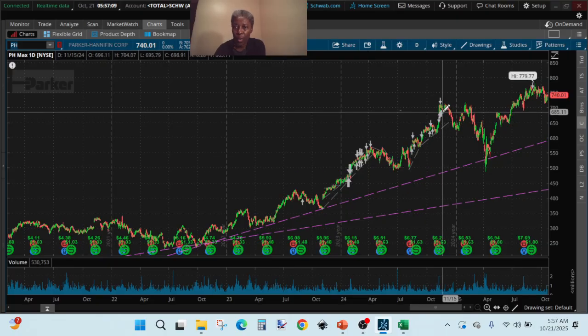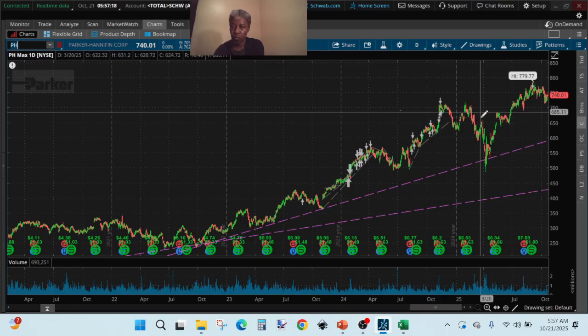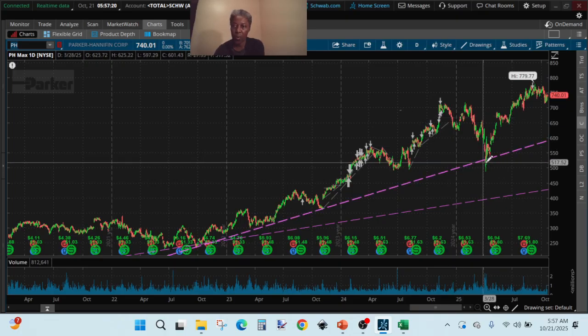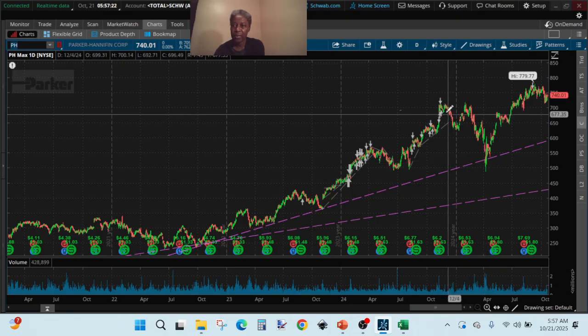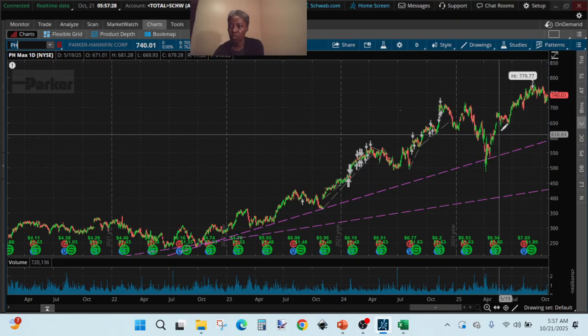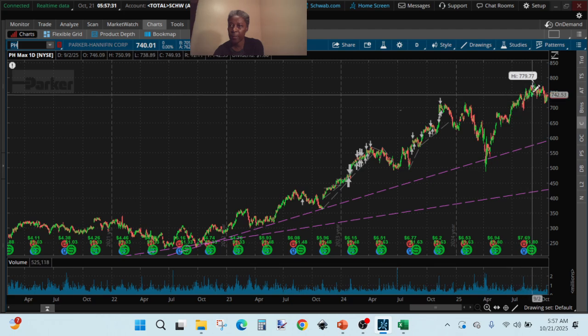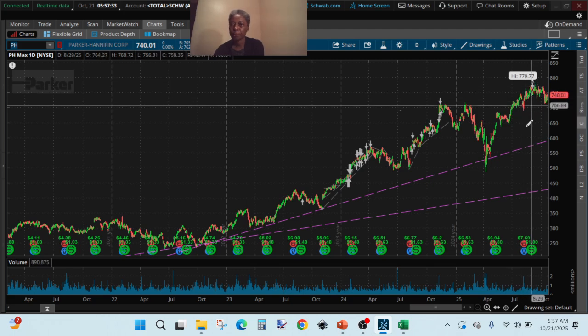We bought it somewhere there, and it went up a little bit, and then it went back down. So it pulled back all the way to this support line. We got stuck in it for the time being, and then from here it went back up, reaching a new high for a little bit, and then we sold it.